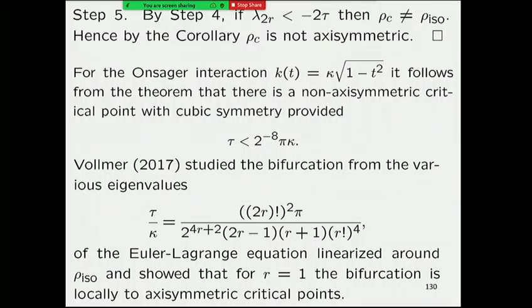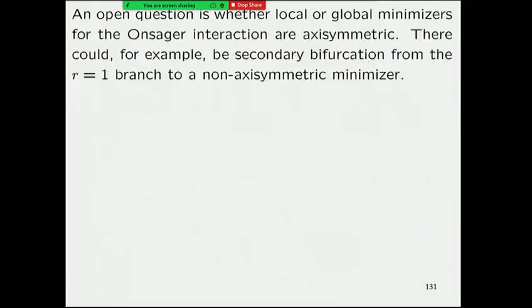And she showed that for tau equal to 1, so that's the first bifurcation point, the bifurcation was locally to axisymmetric critical points. Okay, so whereas for the Maier-Saupe case we know that everything is axisymmetric, we at least know that from the first bifurcation point you bifurcate locally to axisymmetric critical points.